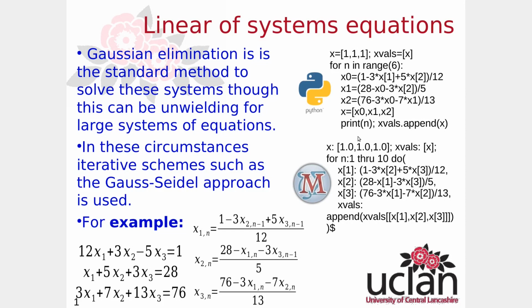And then we just say xvals, we append xvals with this new value of it, so this is the append routine. So the syntax is slightly different. I think it's a little bit easier to see in this particular case in Python than it is in Maxima, but it's completely up to you how it's implemented.